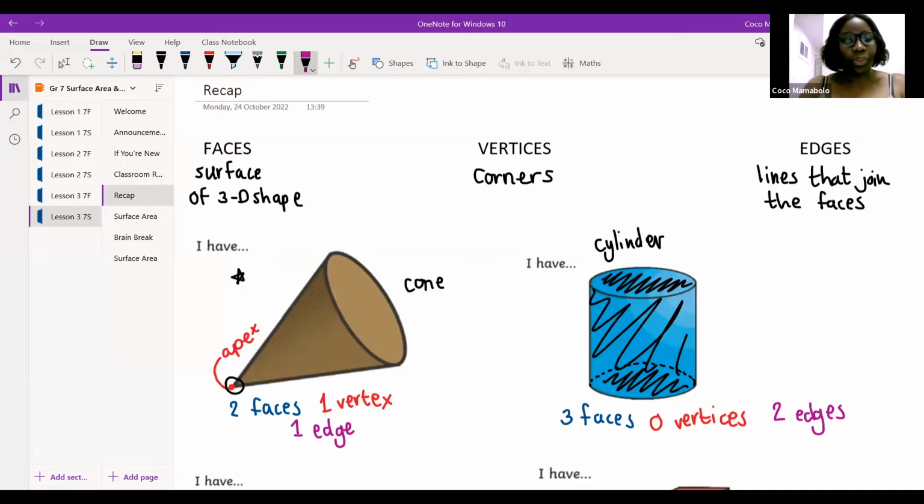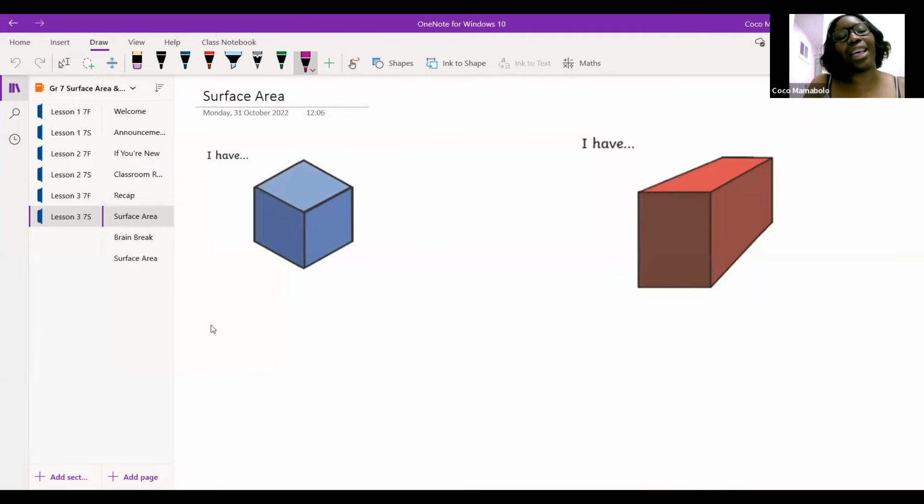But today's lesson is actually about calculating surface area. Now, hands up. Does anybody remember what we said surface area is? Who can remind me? Buntle, do you know?